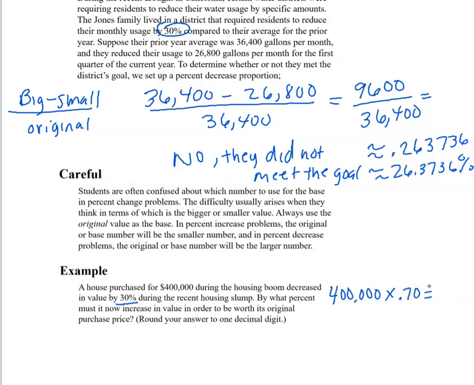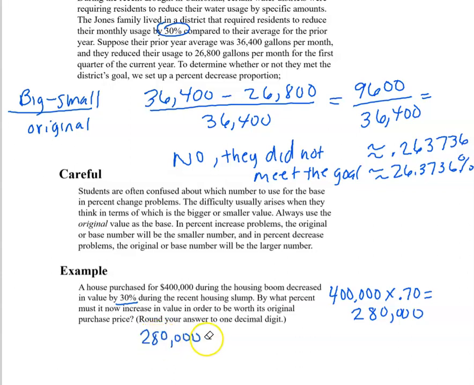So 400,000 times 70% or 0.70 is 280,000. So that's how much the house was worth after, and we want it to go back. So the question is, by what percent must it increase to be worth its original purchase price?